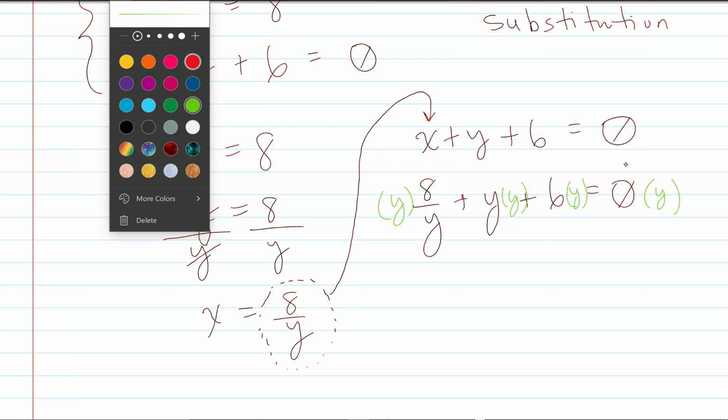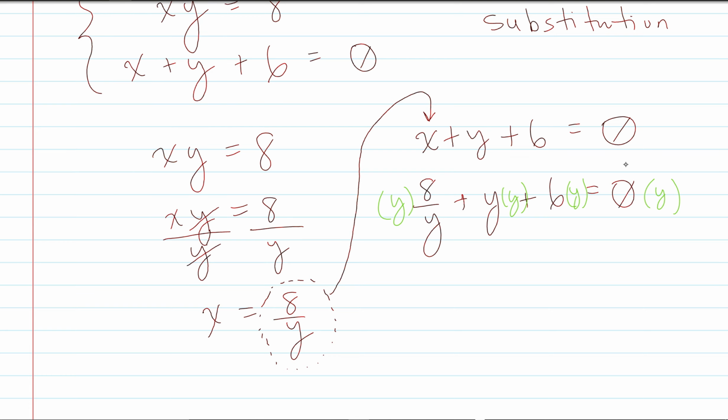So in multiplying the denominator times each of these terms, especially the first one, this is what we are actually doing this for, to get rid of the fraction. y times 8 over y, the y's cancel out and you're left with just the 8. y times y gives us a y squared, and 6 times y is 6y is equal to 0.